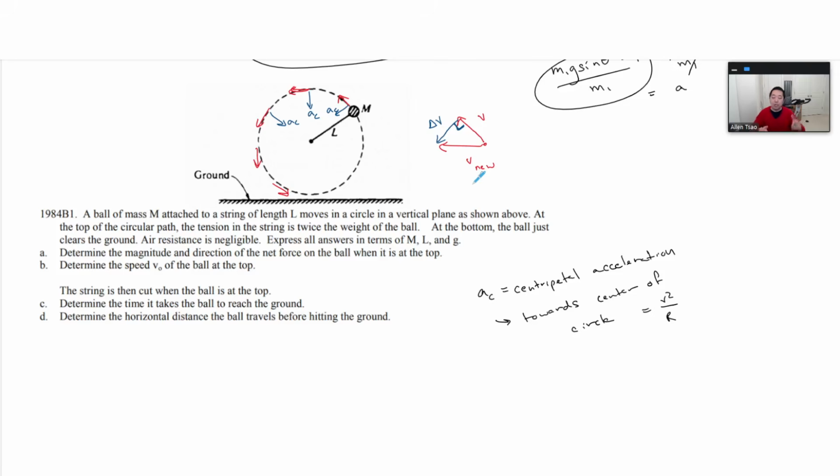It just means that the component of the acceleration that causes it to change direction has to point at a right angle. For example, if I'm going straight and I want to point this way, I need to push on it to the right. I need to push perpendicular to point it in a different direction. In the same way, the acceleration is perpendicular because it needs to push the velocity vector in a different direction.